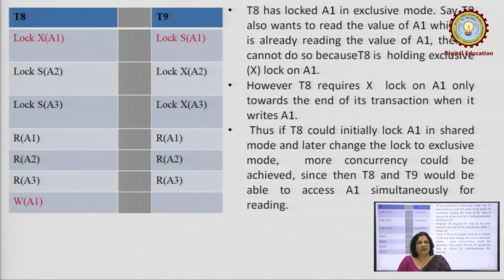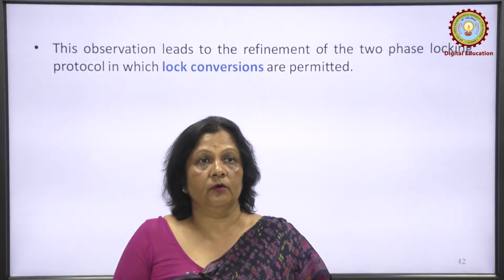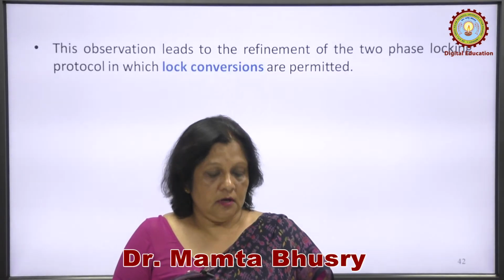So, the transaction T9 will not be made to wait for the data item A1 for reading. This is why we can say the conversion of the locks is required. So, this observation leads to the refinement of the two-phase locking protocol with the lock conversions.